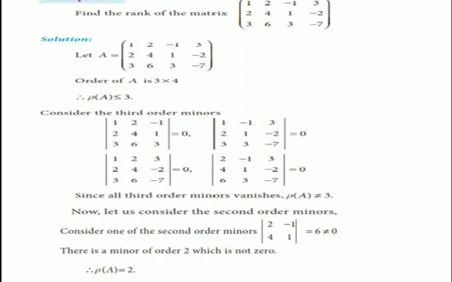The answer is 6: 2 ones are 2, 4 ones are 4, 2 plus 4, 6. 6 is not equal to 0, so there is a minor of order 2 which is not 0. Therefore, the rank of A equals 2. All of you now know how to find the rank of a matrix. Thank you, children.